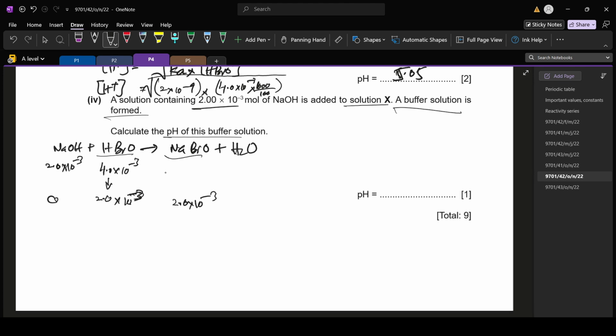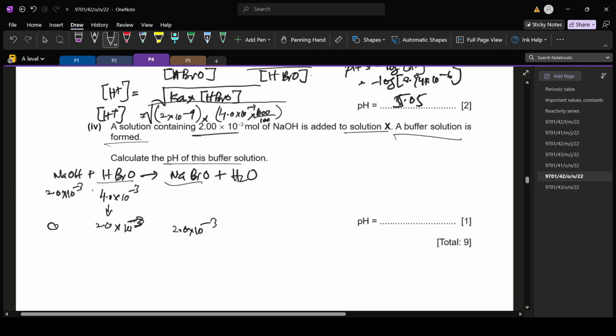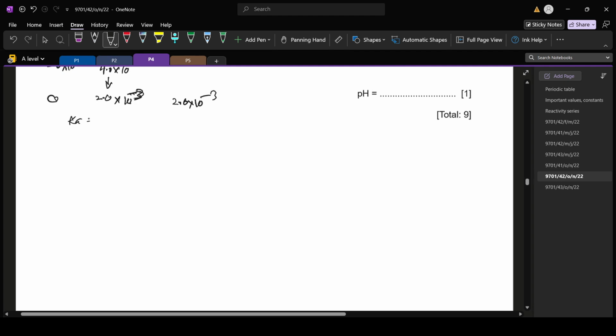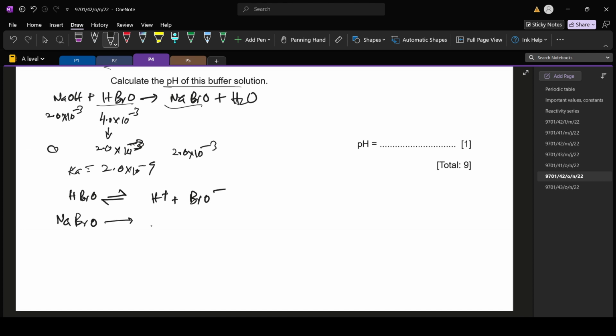Now the value of Ka is also given, which is 2 into 10 to the power minus 9. If you write the equations of these individual reactions, the HBrO will decompose into H plus and BrO minus, and this NaBrO will be Na plus and BrO minus.